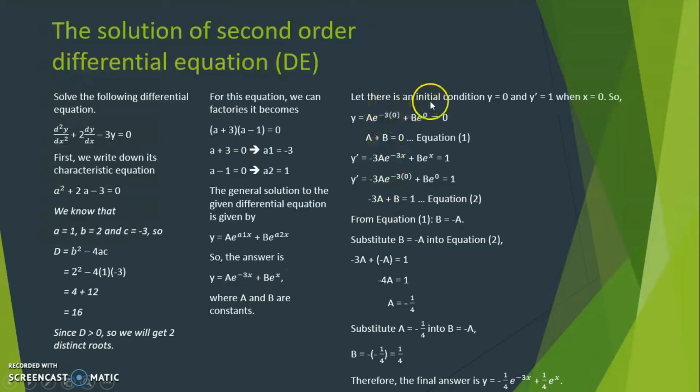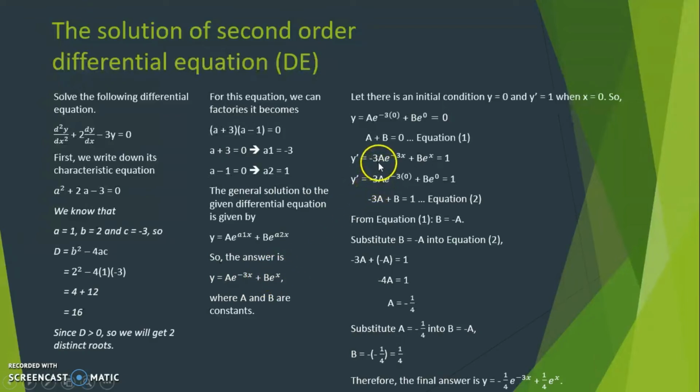Now we let there be an initial condition y = 0 and y' = 1 when x = 0. So from here we substitute x = 0 and y = 0 into this equation. We get equation 1: A + B = 0. For y', we differentiate y = Ae^(-3x) + Be^x.